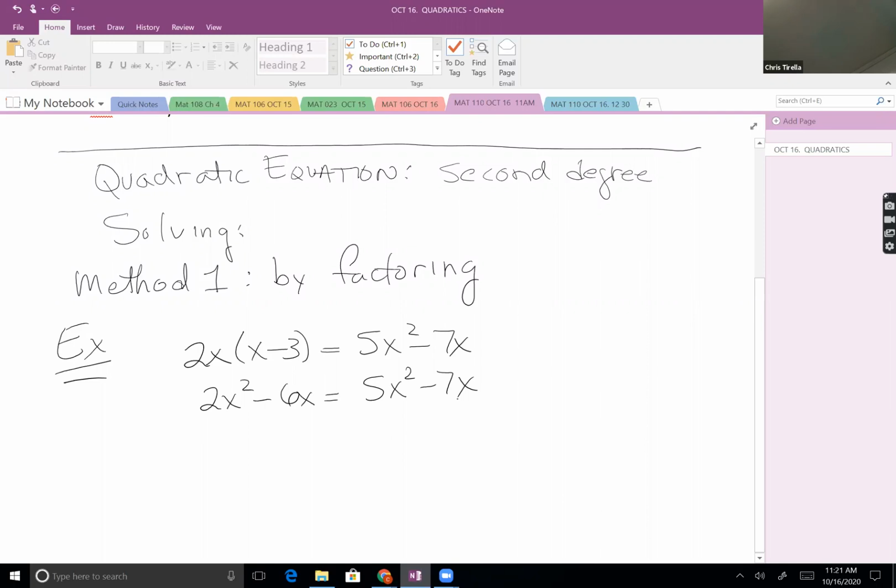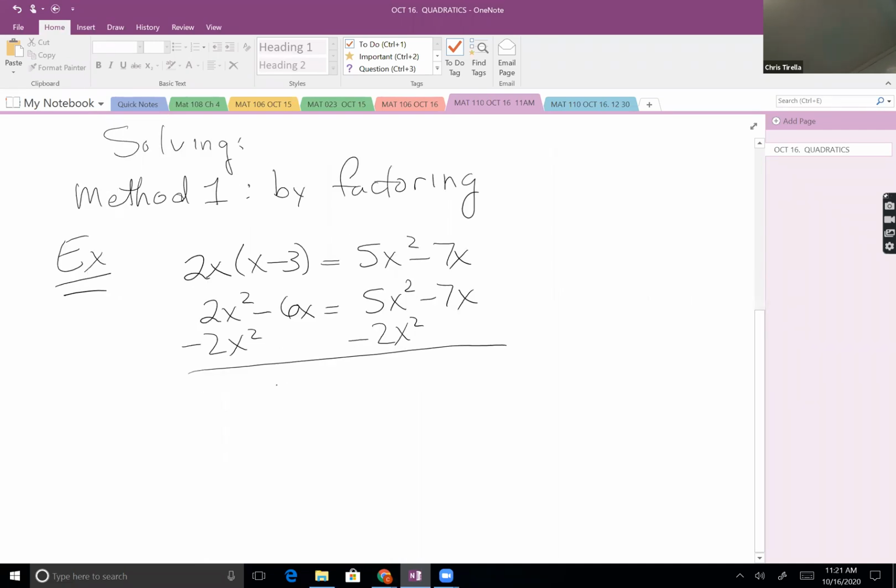Now we want to put it in standard form. So we'll get all of the x squareds together, subtracting 2x squared from both sides, giving me negative 6x equals 3x squared minus 7x. In order to solve by factoring, we want one side 0.